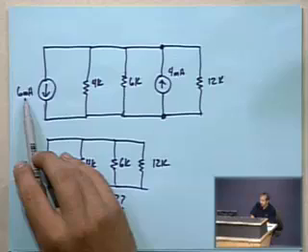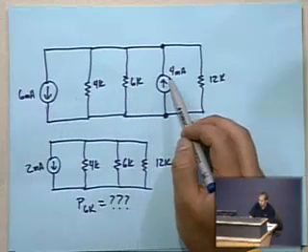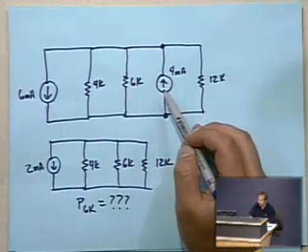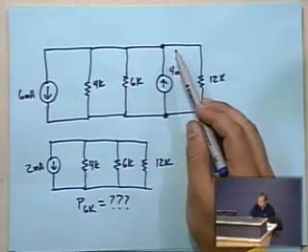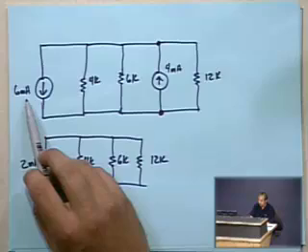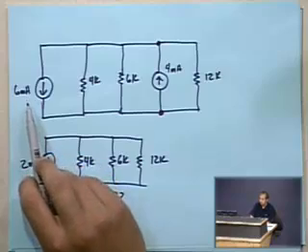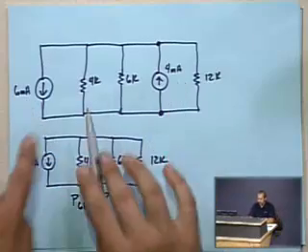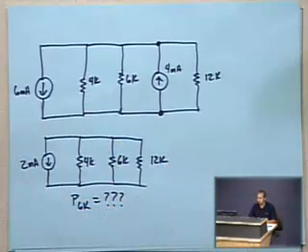This current is leaving that node. This current is entering that node. And our convention was when current is entering the node, we give it a negative sign. When it's leaving, we give it a positive sign. And so that's how it ends up combining to give us just a 2 milliamp current source.